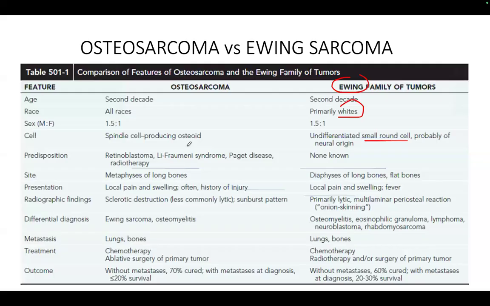And unlike osteosarcoma, which affects the metaphysis, Ewing's affects the diaphysis. And the periosteal reaction is not sunburst, but it's called the onion skinning. So please take note of this.